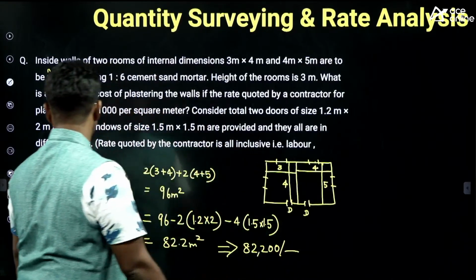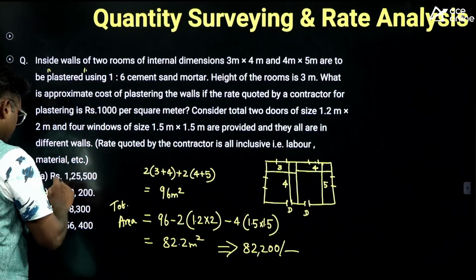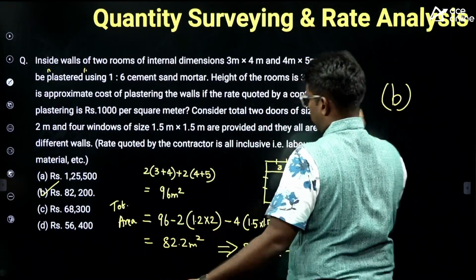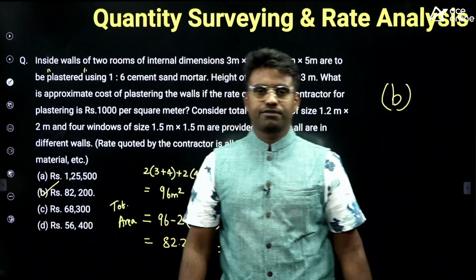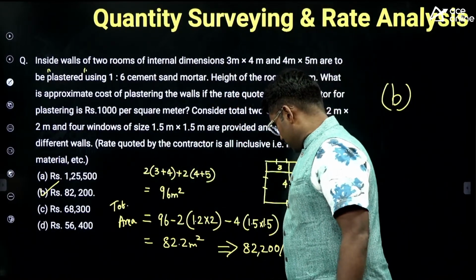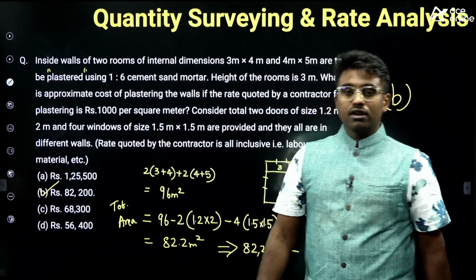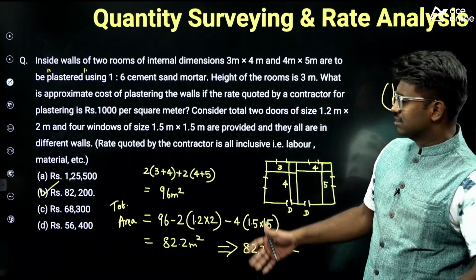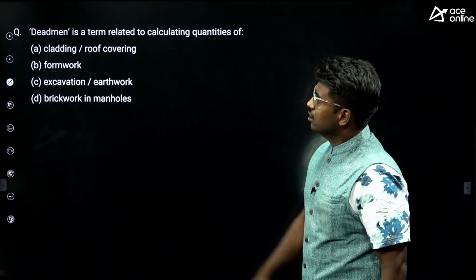Do we have that value? Yes. B is the answer. Quick calculation, nothing much complicated. You can just finish it off. Right? That's it. Next one, if you check it out, this is how you calculate. Simple method, nothing much complicated.